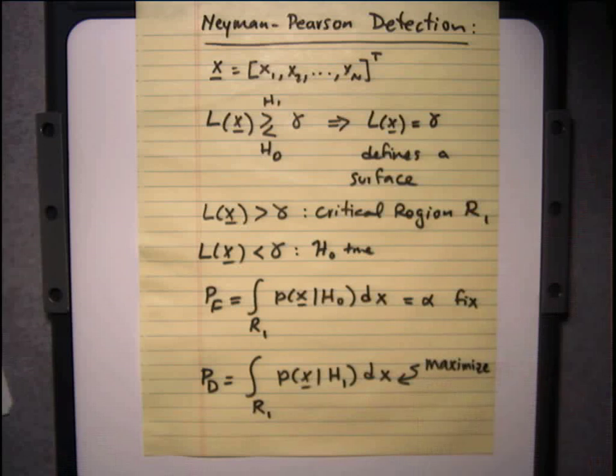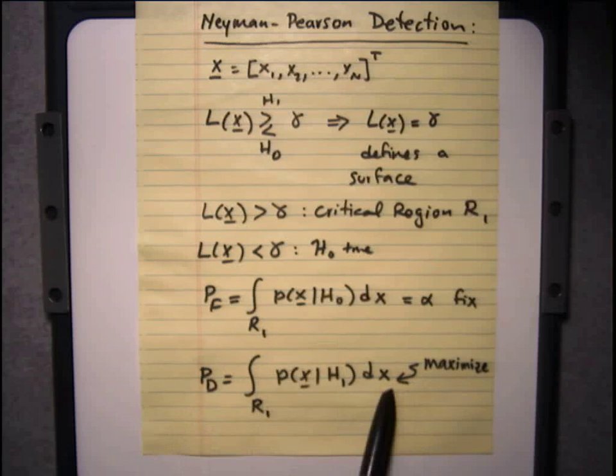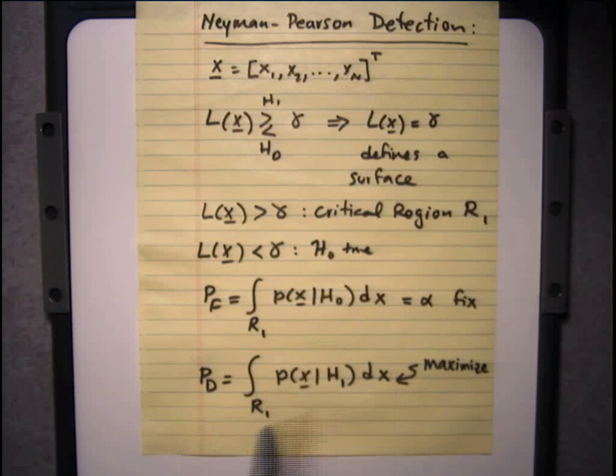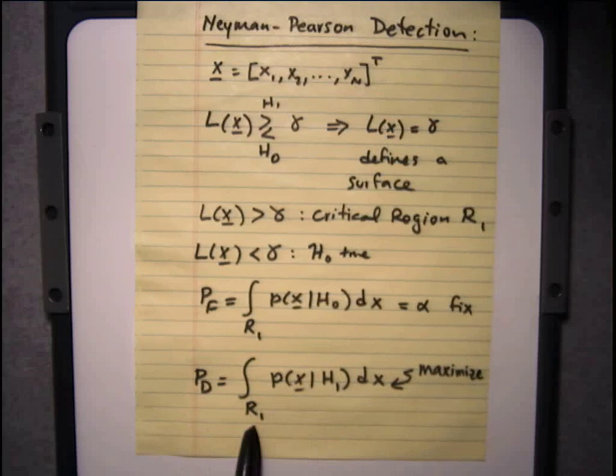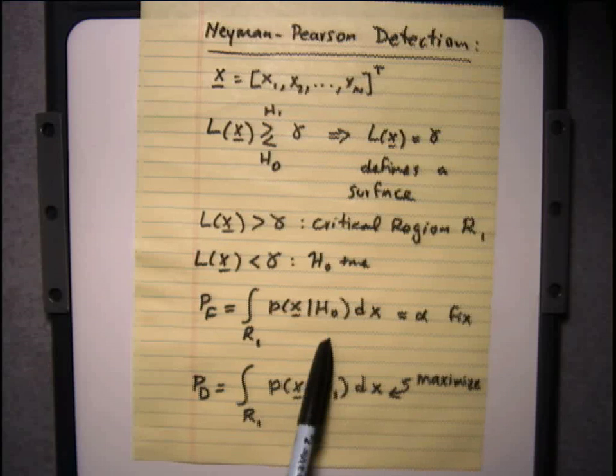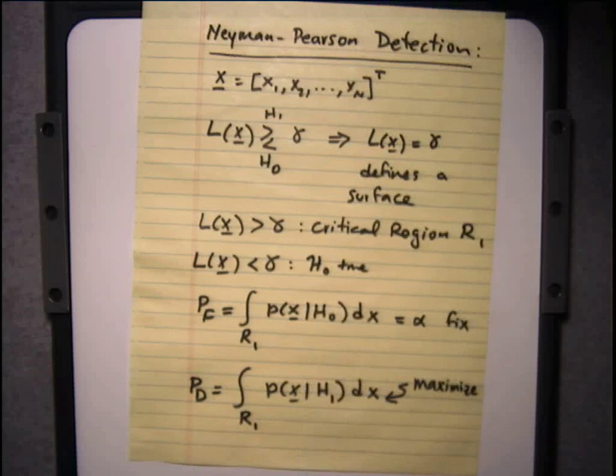Now how do we solve this problem? This is an optimization problem, right? You want to maximize this cost, this function, over R1 subject to a constraint, and the constraint is given by this other equation. So let me rewrite that.